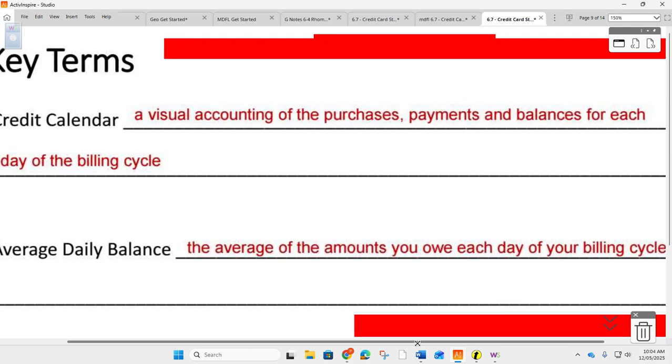Average of the amount you owe each day of your billing cycle. So they don't charge you interest on the least amount you have on there. They don't charge you interest on the most amount you have on there on any day, but they average it and charge you a finance charge on the average daily balance.